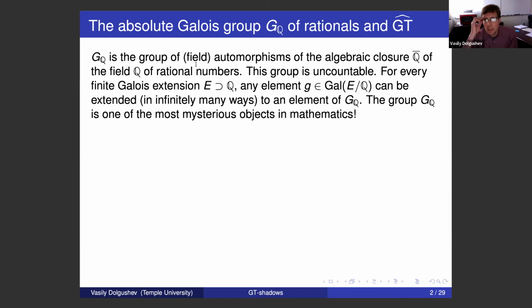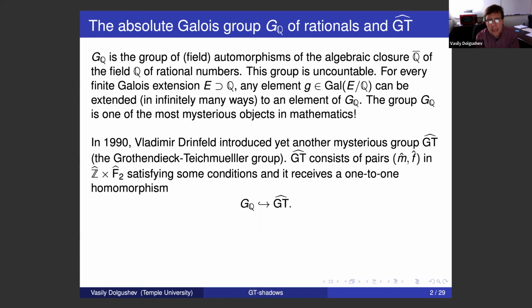This group is uncountable, but here is what you can say right away from basic undergraduate or graduate algebra: if you have a finite Galois extension and an element of this finite group, then you can always extend it to an element of GQ. In fact, you can do it in infinitely many ways. And you probably know this group is one of the most mysterious objects in mathematics.